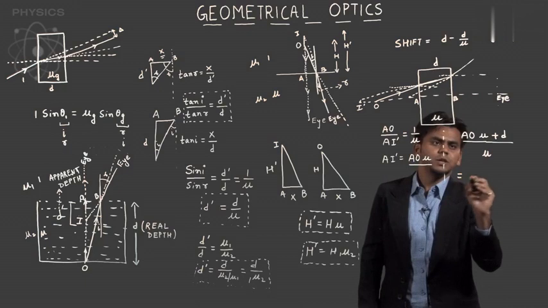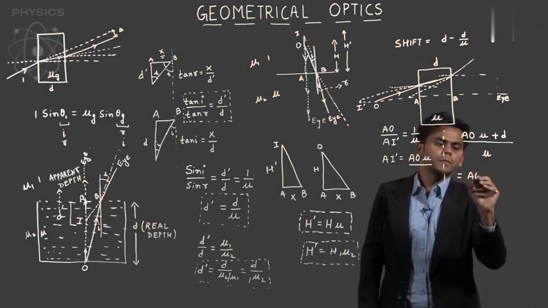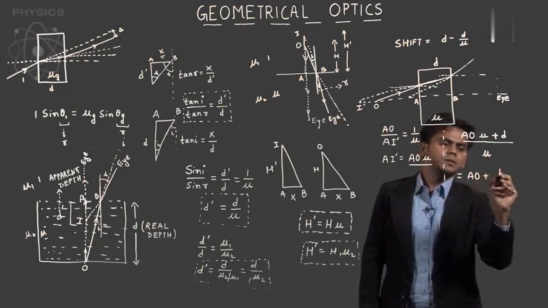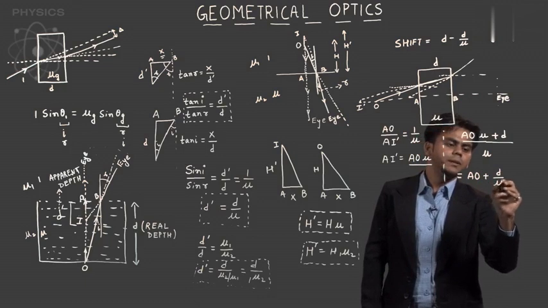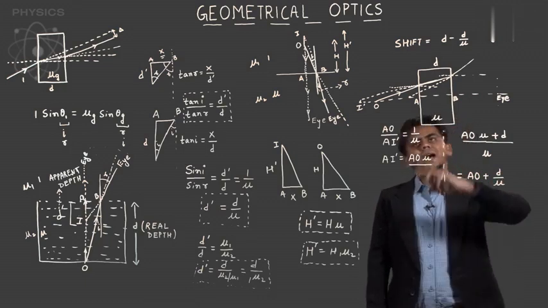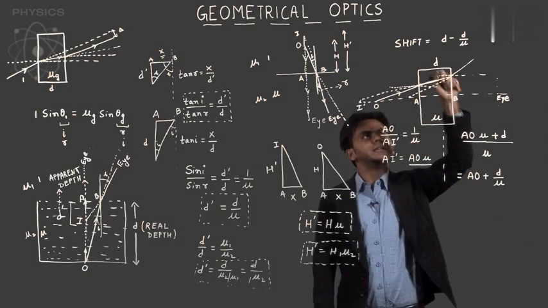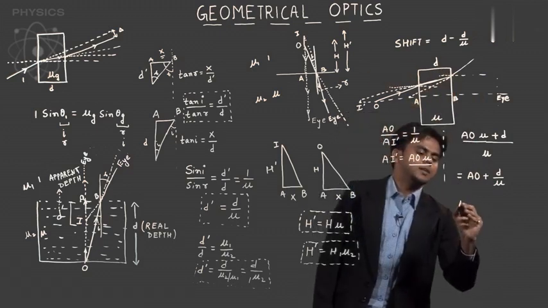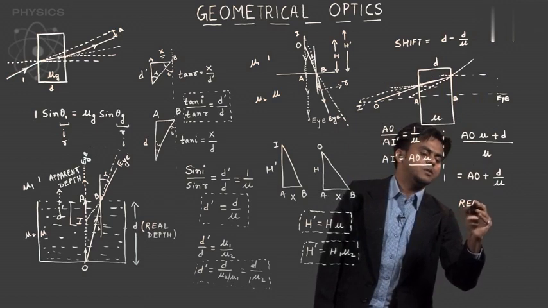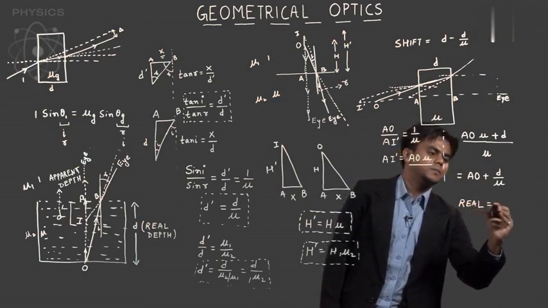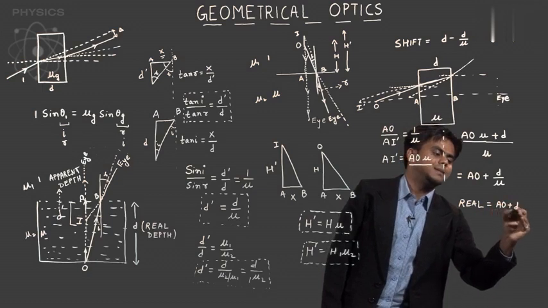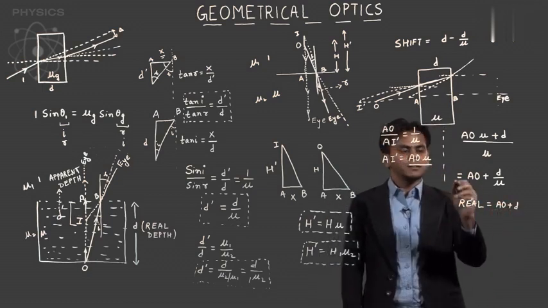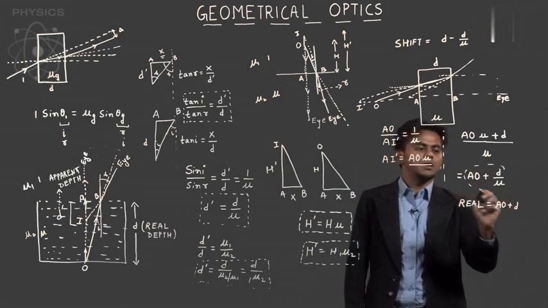And this would be equal to AO plus D by mu. Real location should be AO plus D. But what I'm getting, this apparent thing, is AO plus D by mu.